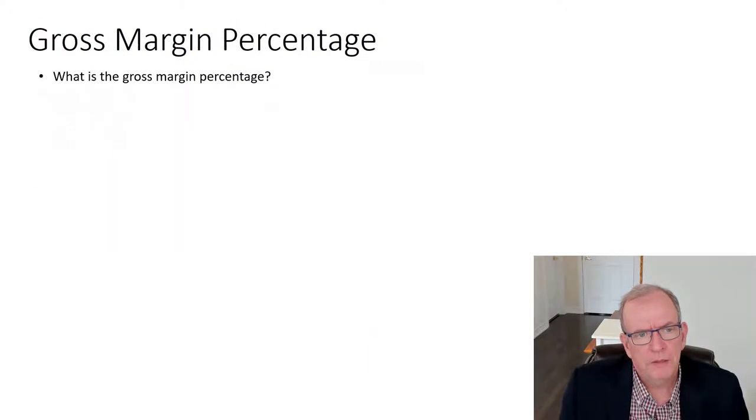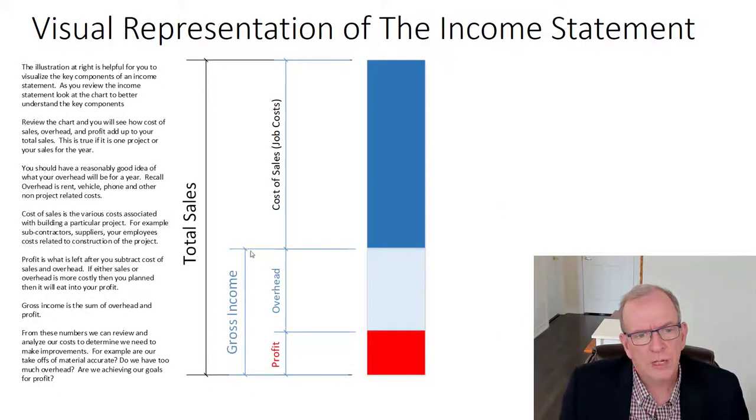Maybe not. No, I don't think so. But if we go back to our income statement here, we've got our total sales, we've got our cost of sales. We've done some projections on what our overhead is. Like what's our monthly rent? What's the cost of our estimator? What's our truck payments? What's the gas that's typically used?